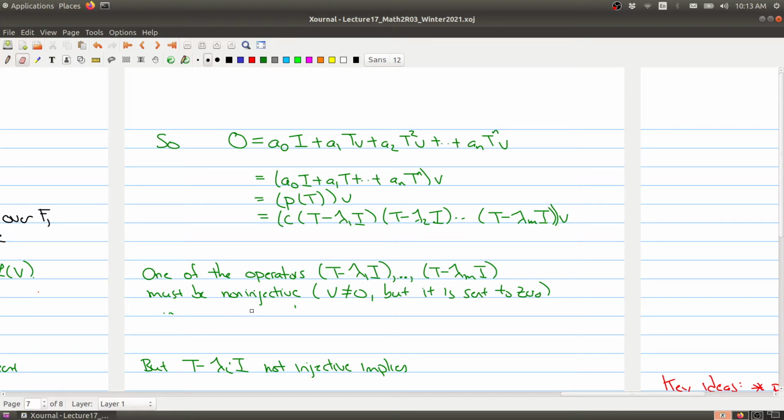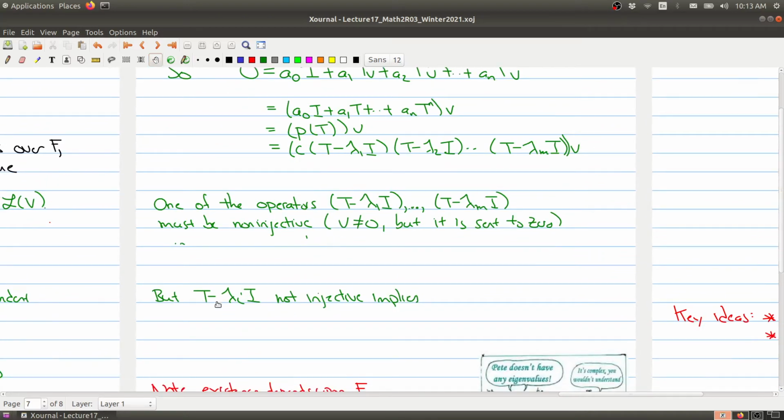Let me erase that. But to be non-injective implies that λi is an eigenvalue. Okay, and so this has to be true because we can always factor the polynomial into this element. So we can always factor it into a collection of these operators from which we can show that you always have an eigenvalue.